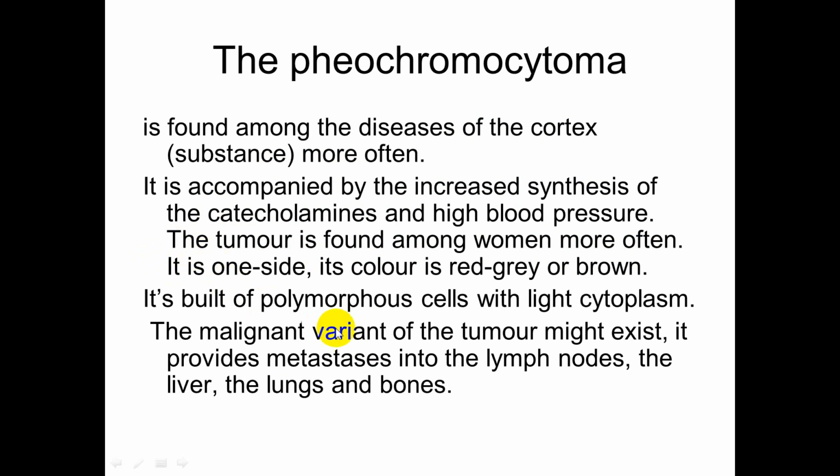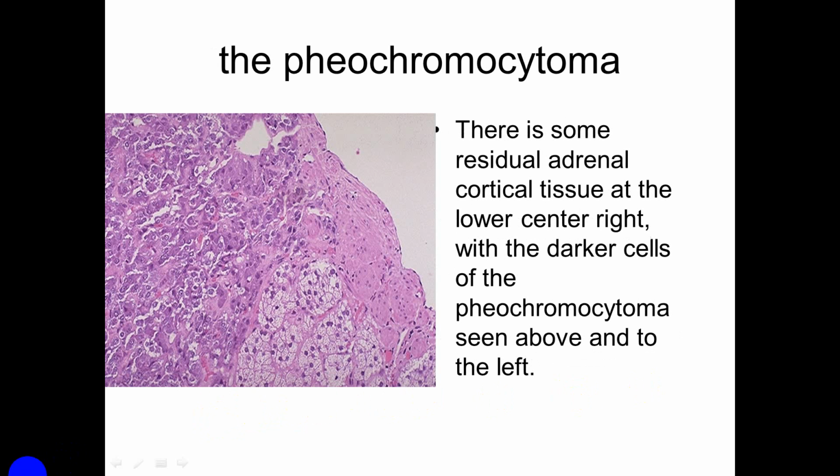It is one-sided, its color is red-gray or brown, and it is built of polymorphous cells with light cytoplasm. The malignant variant of the tumor might exist. It produces metastasis into the lymph nodes, the liver, the lungs, and bones.